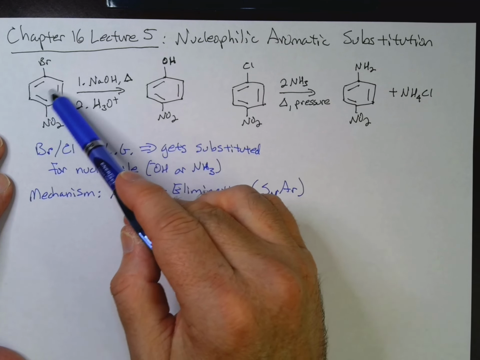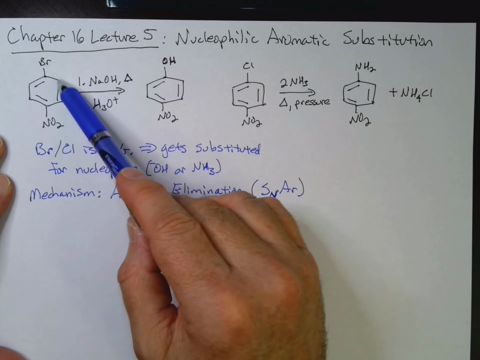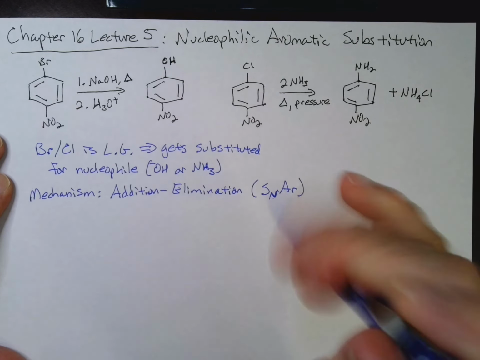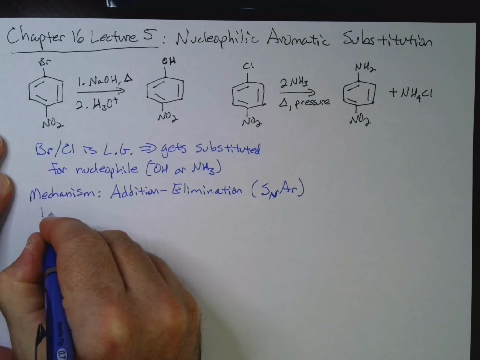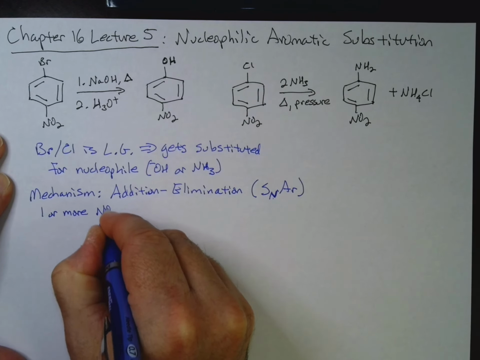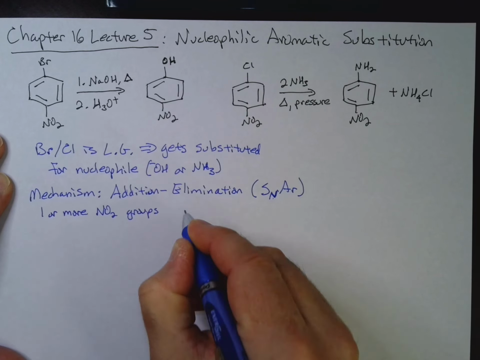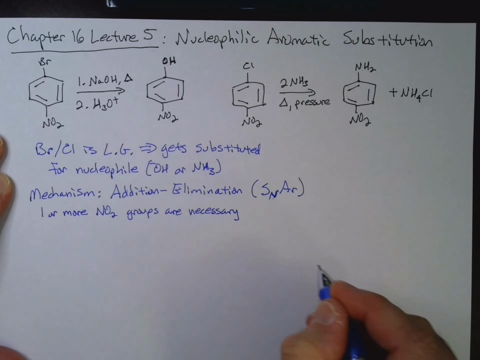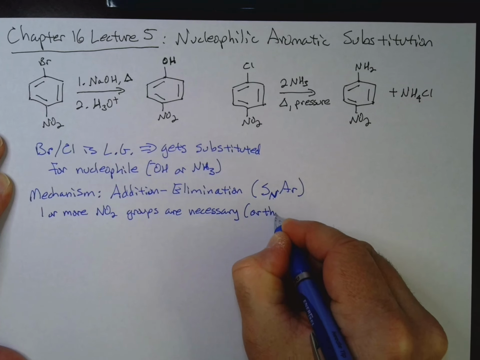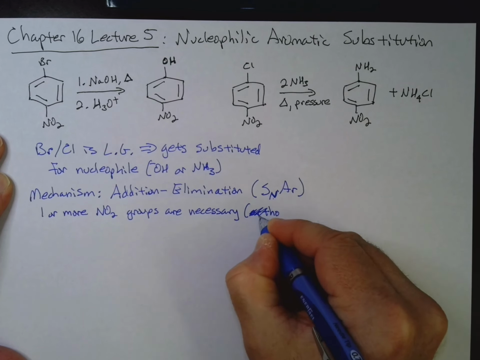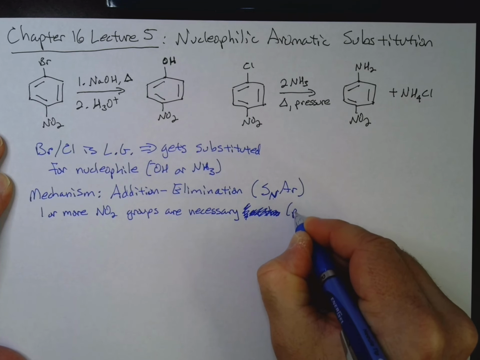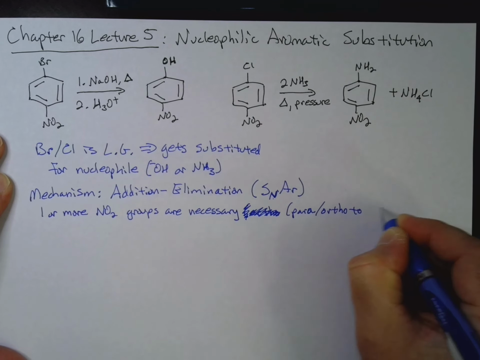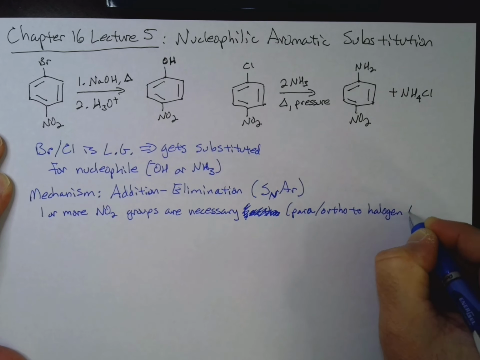When the nucleophile adds, you actually end up getting a carbanion intermediate, and the carbanion is stabilized by the nitro group. So one or more nitro groups is necessary, and these have to be para or ortho to the halogen leaving group.